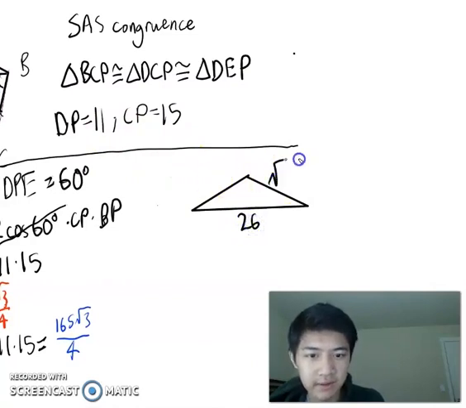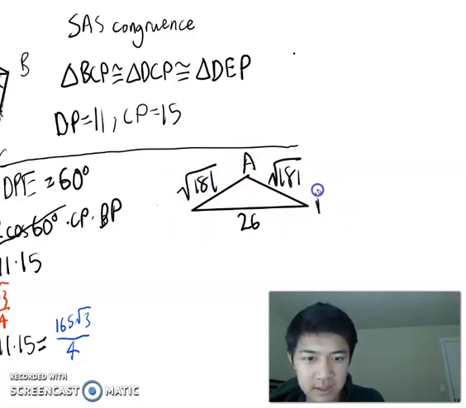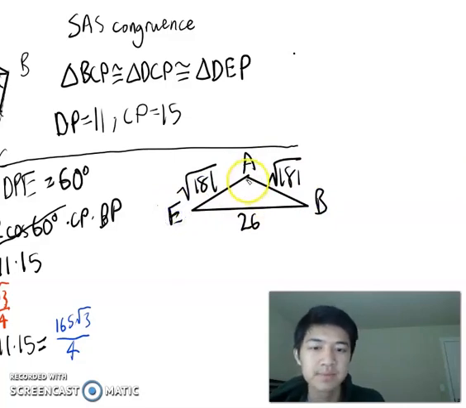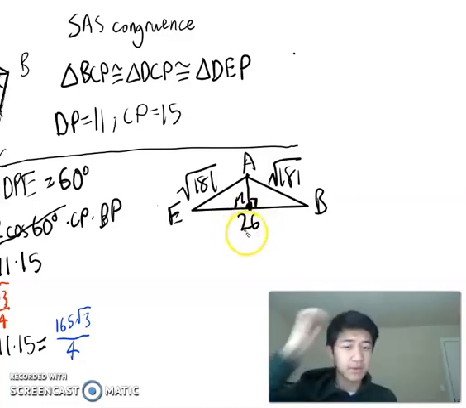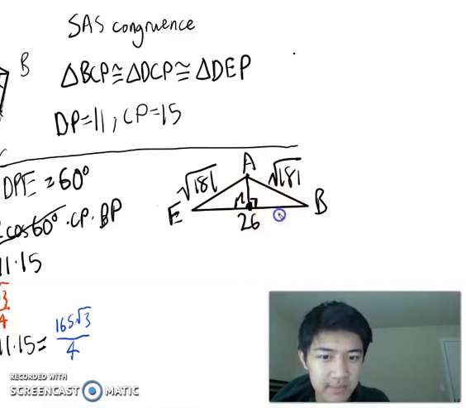And over here, we already have the side lengths. They're both root 181, as we found from earlier. So now we have the whole isosceles triangle, and we can calculate the area by dropping the altitude to what we can call M right here. M should be the midpoint of the side BE, and that means that BM is 13.